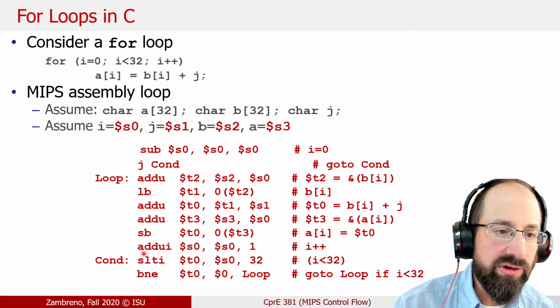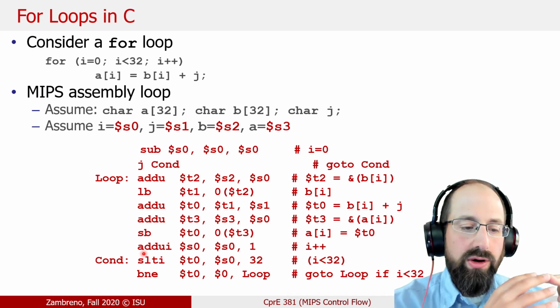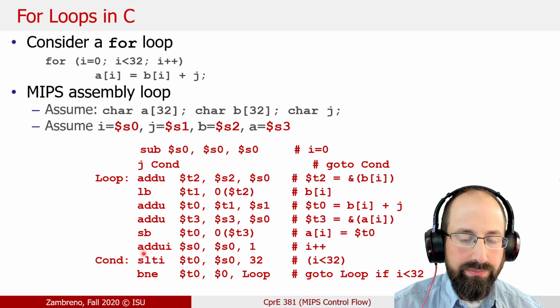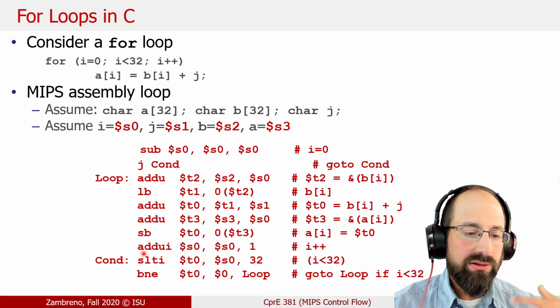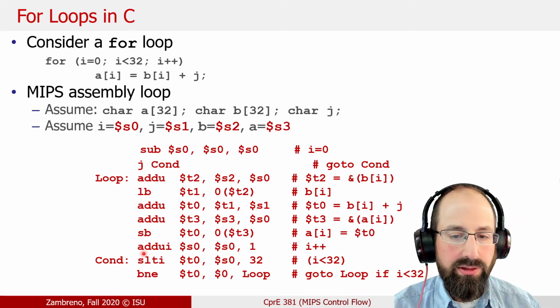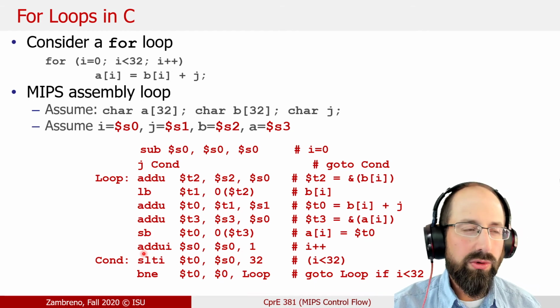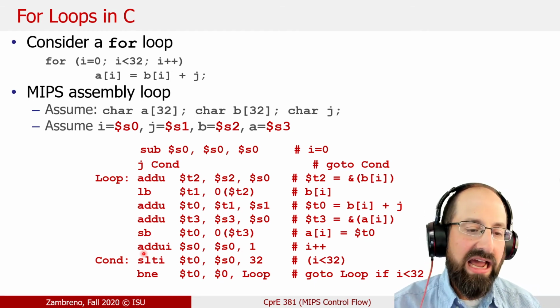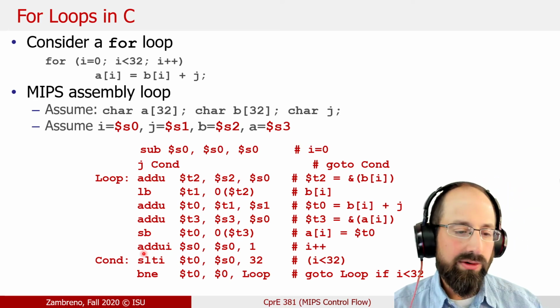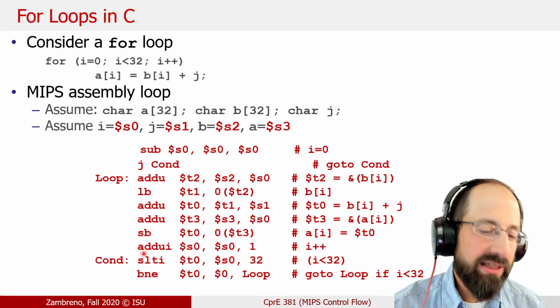Dynamic instruction count is, as this code is executing, how many instructions do I need to fetch, decode, and execute to get through this? So you could also call the dynamic instruction count the runtime instruction count, or just instruction execution count.